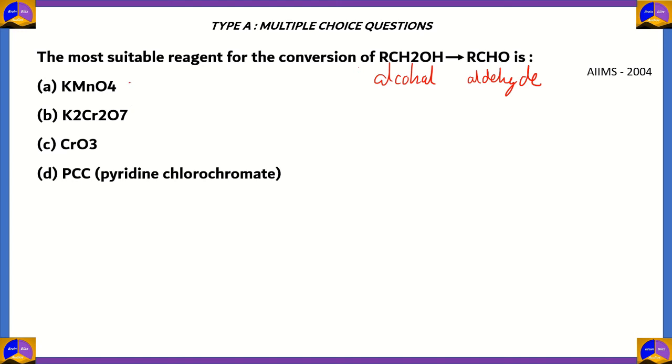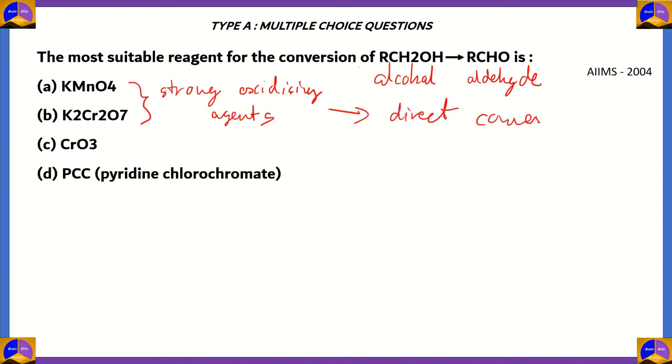Now the problem with KMnO4 and K2Cr2O7 is that they are strong oxidizing agents. So you get direct conversion to carboxylic acid, that is RCOOH.